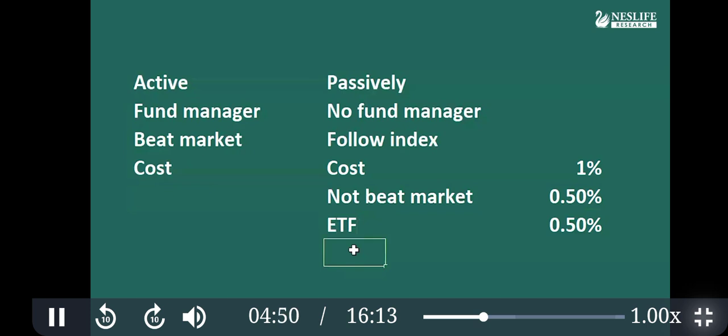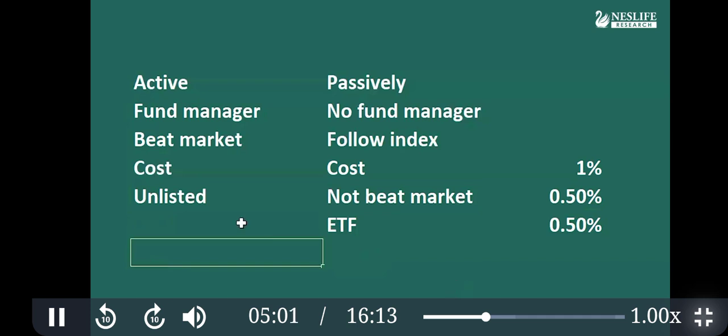There are unlisted ones as well, but most of the passive funds are ETFs. And most actively managed funds are unlisted. What is listed and unlisted? Listed on the stock exchange is called an exchange traded fund. And these are unlisted. They are not listed on the stock exchange. You buy via an aggregator or directly with the AMC.